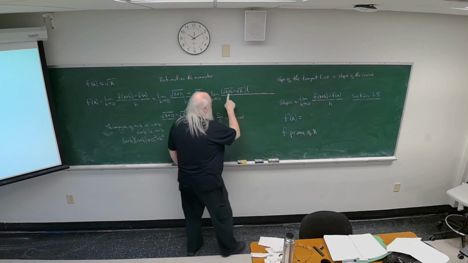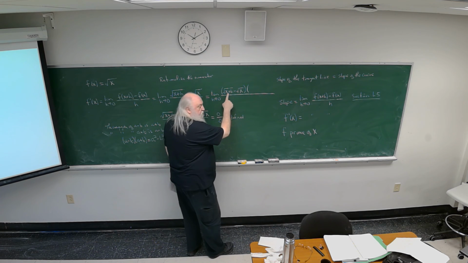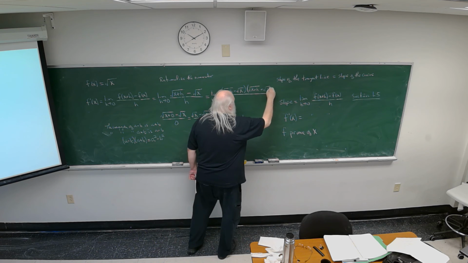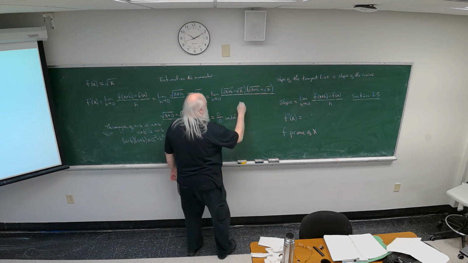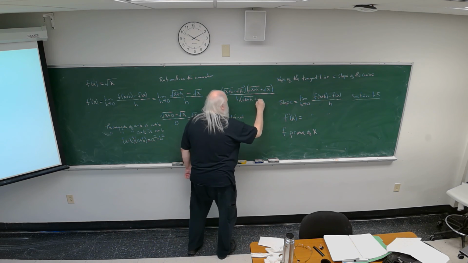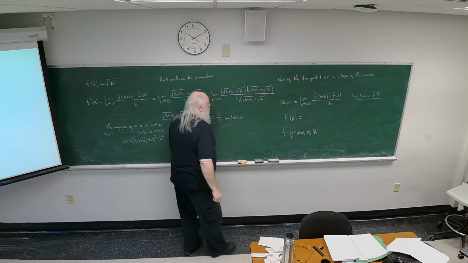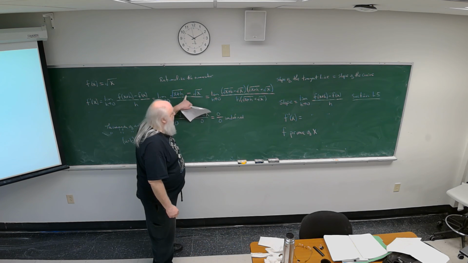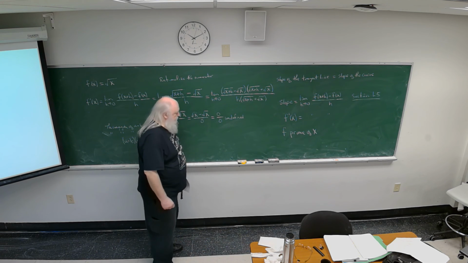And the conjugate of the numerator is the square root of x plus h plus the square root of x. And that's over h times the square root of x plus h plus the square root of x. So I multiply top and bottom by the conjugate of the numerator, which is square root of x plus h plus the square root of x.